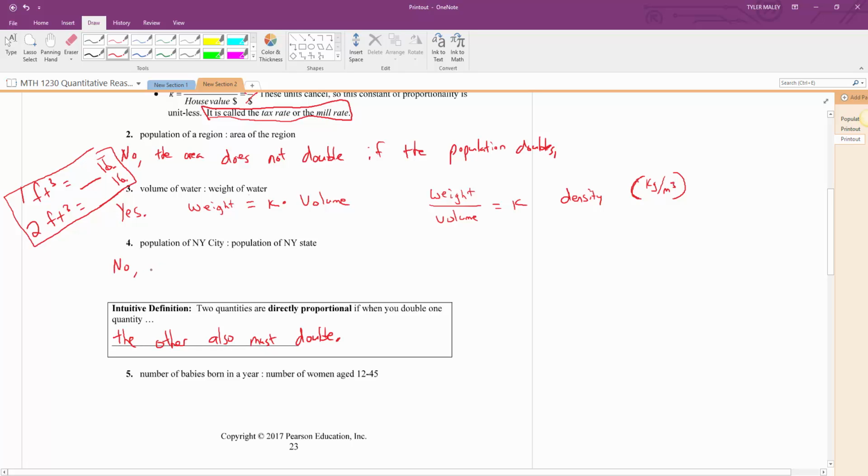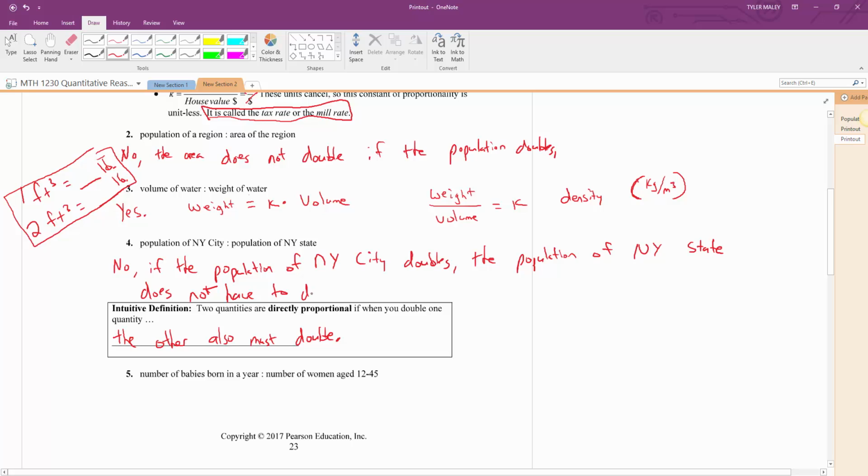So we could say if the population of New York City doubles, the population of New York State does not have to double also, right?